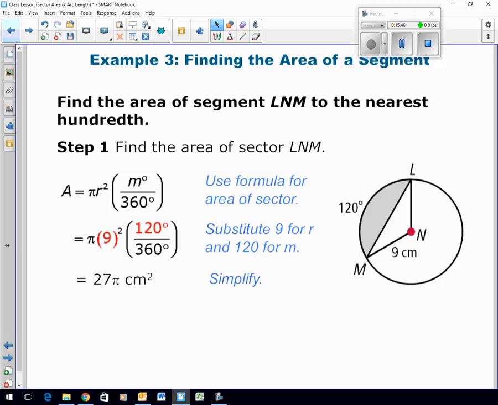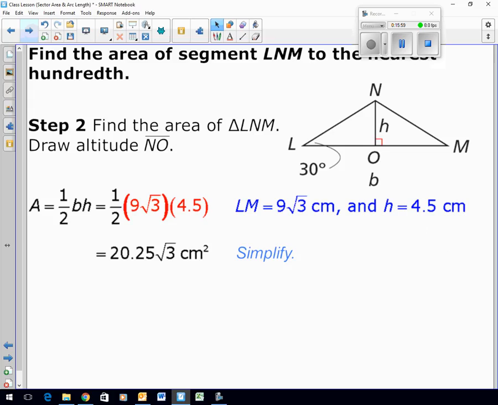So this is 120 degrees. Each of these particular angles would have to be 30 degrees. So you can use some trig to set this problem up. I tried to go a little bit easier on you guys in our classwork today. If I use trig to find my height here, I would use 4.5, half of 9.